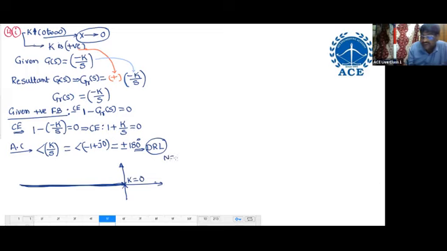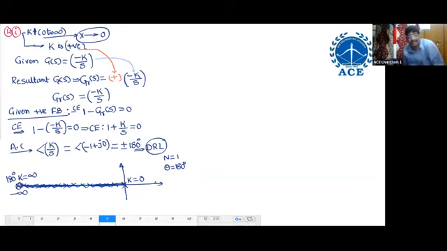Number of asymptotes is 1. Angle of asymptote for direct root locus is (2q plus 1) into 180 by P minus Z, which is 1, so 180 degrees. That means at 180 degrees, K equals infinity, and at minus infinity there exists a zero.